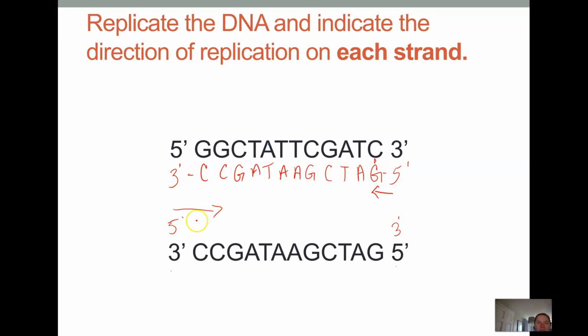So now we're going to go G, C, wait, no, G, sorry, G, C, T, A, T, T, C, G, A, T, and C. There you go. You just replicated DNA.